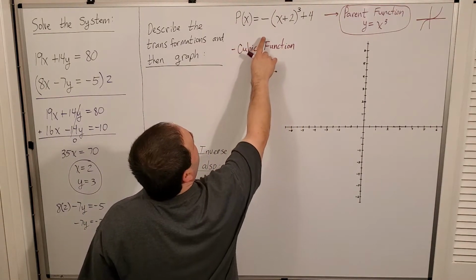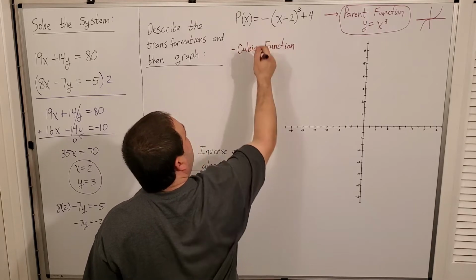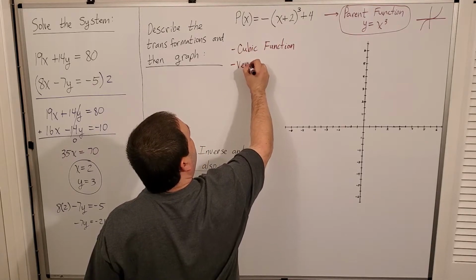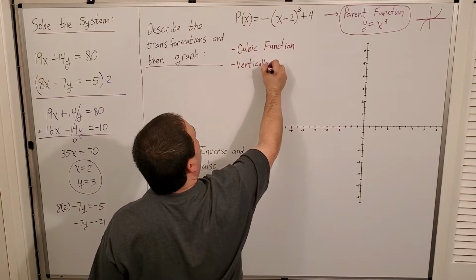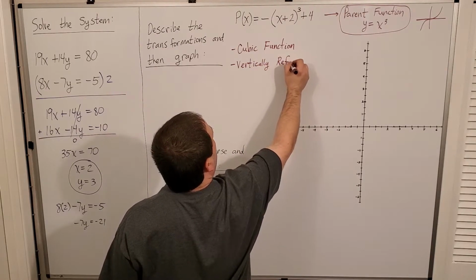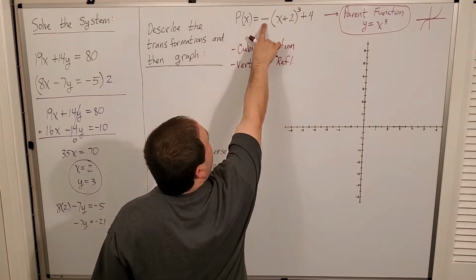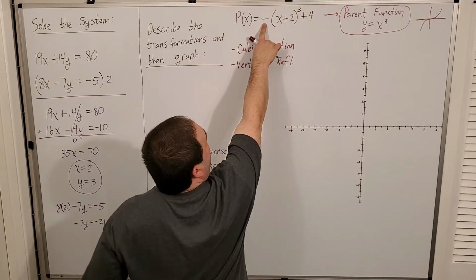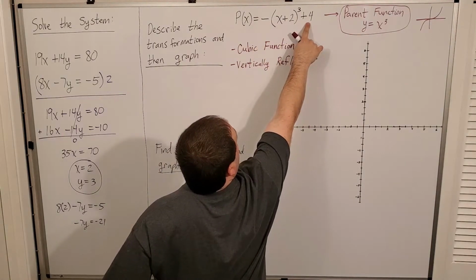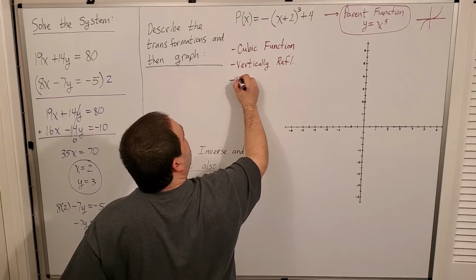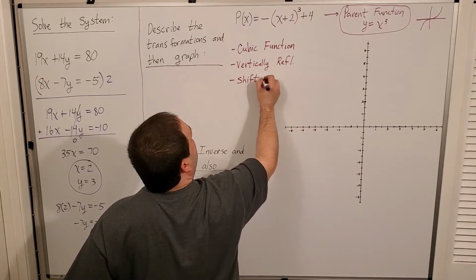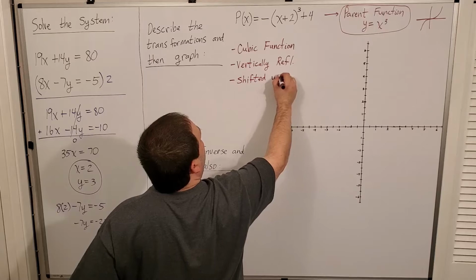It has been vertically reflected because of this negative in the front here. It's on the outside. The plus 4 is also on the outside, so it has been shifted up 4.